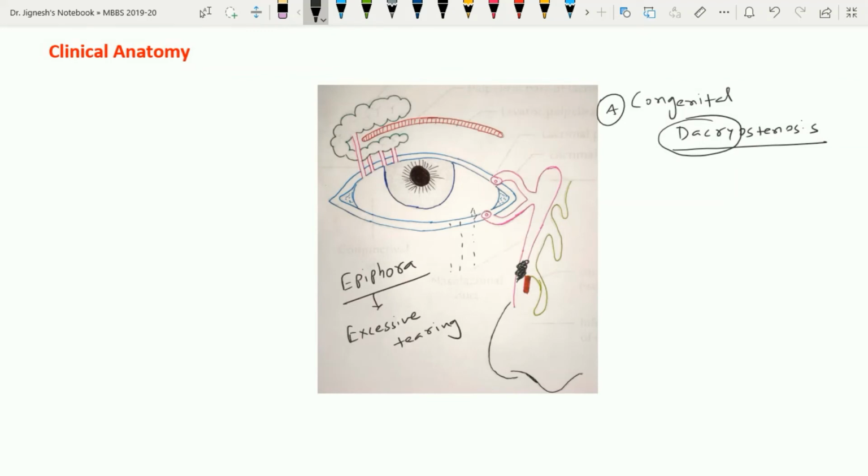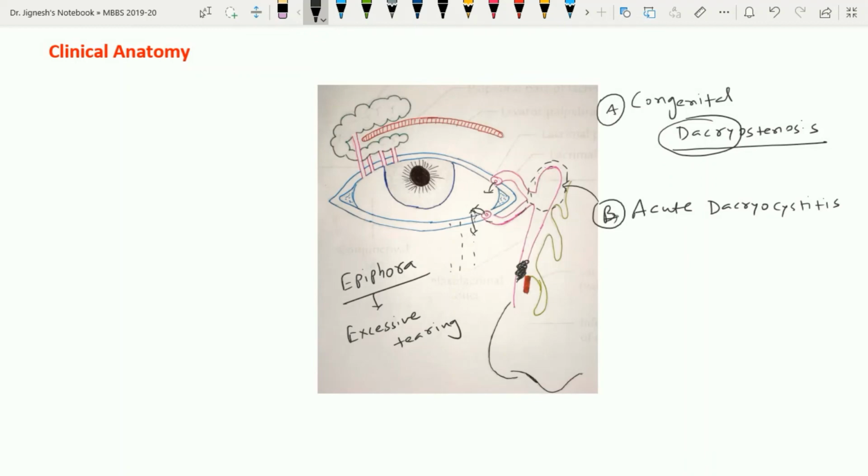One more condition concerned with this lacrimal apparatus is acute dacryocystitis. In acute dacryocystitis, lacrimal sac inflammation occurs and pus forms within the lacrimal sac, and this will lead to excessive tearing and pus discharge from the punctum to the conjunctival sac.